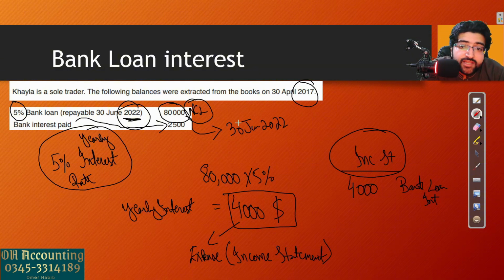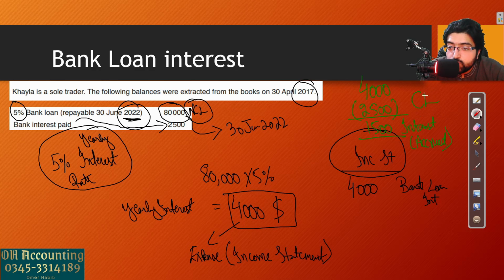They're just trying to tell you that out of this 4,000, one second, let me change the color here. They're trying to tell you that out of this 4,000, you have paid 2,500. Which means 1,500 interest is still unpaid. It is accrued. And you know, accrued expenses are your current liabilities.